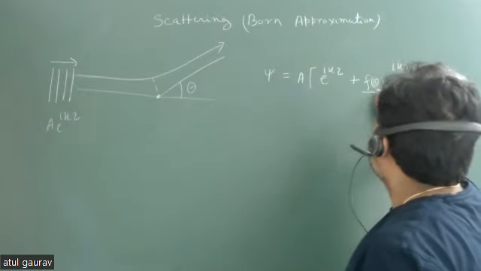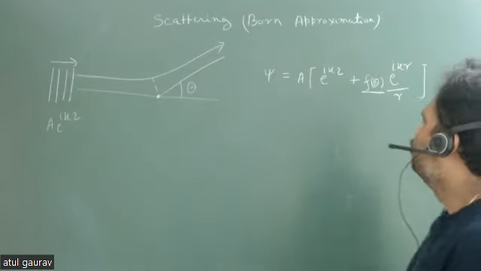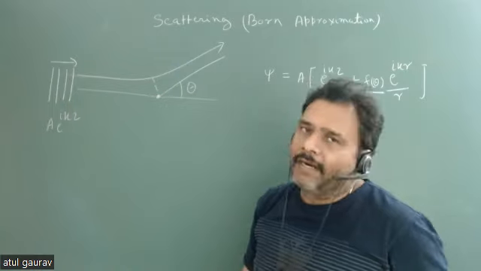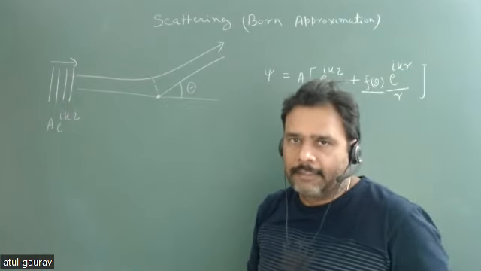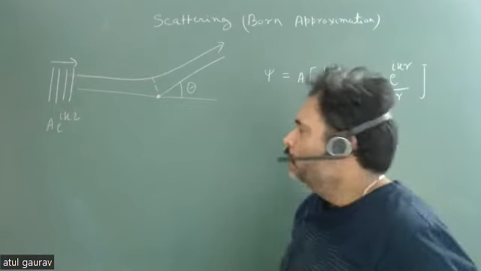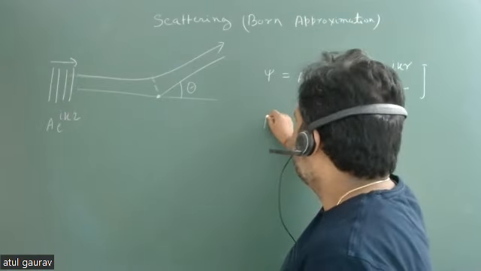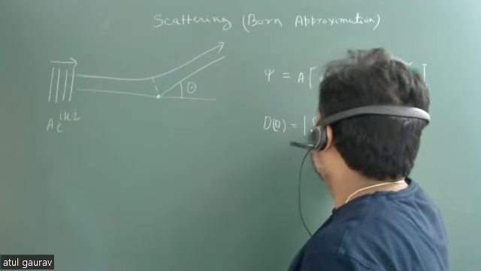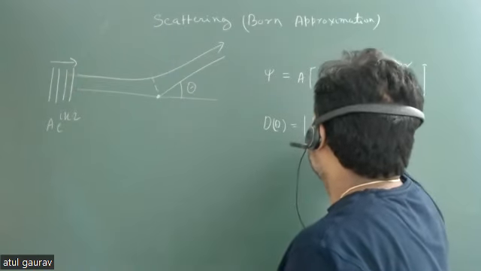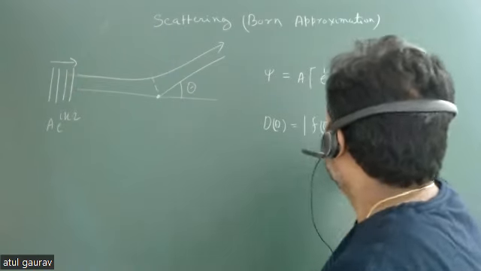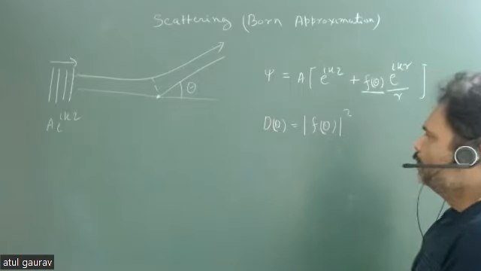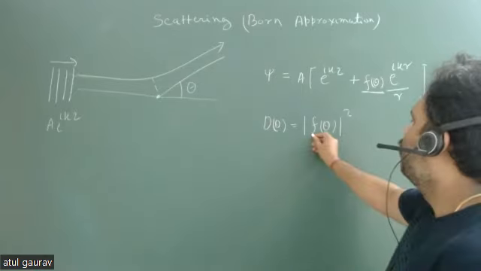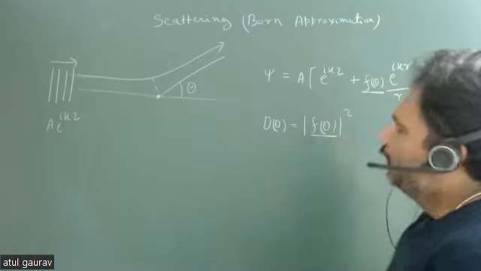It is actually responsible for finding the differential scattering cross section. In quantum mechanics, the differential scattering cross section can be identified as the mod value of f theta squared. So the whole challenge is how we calculate this f theta.